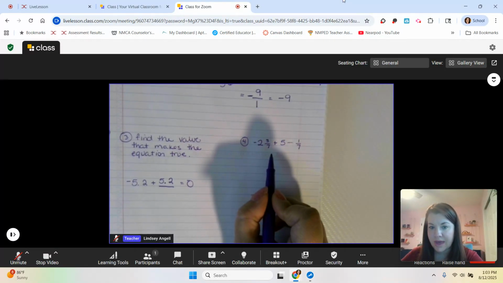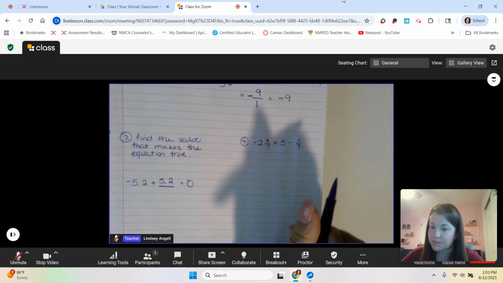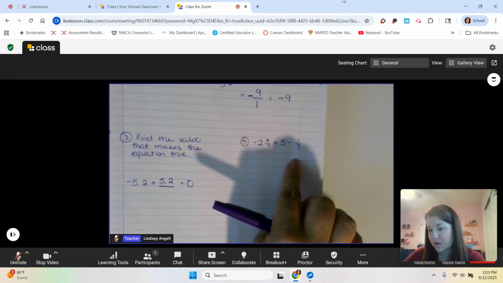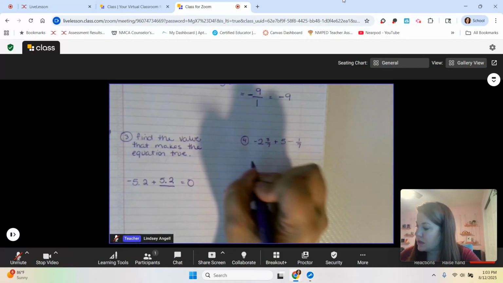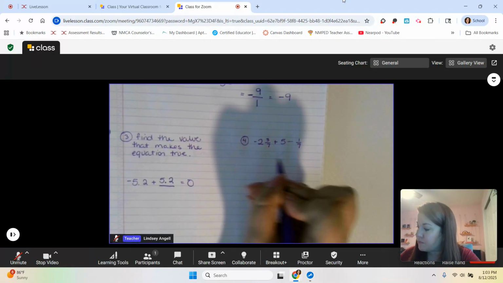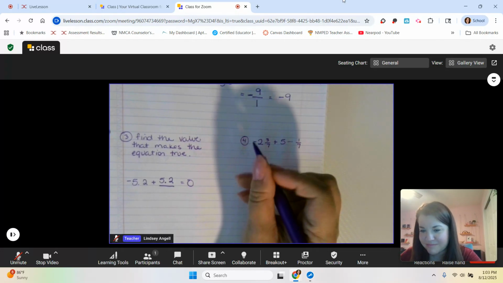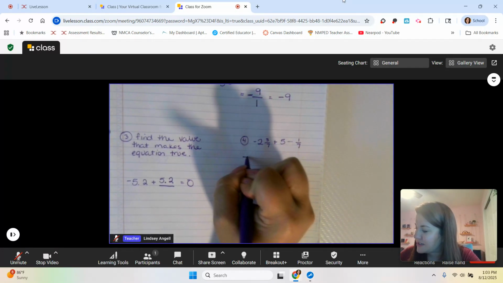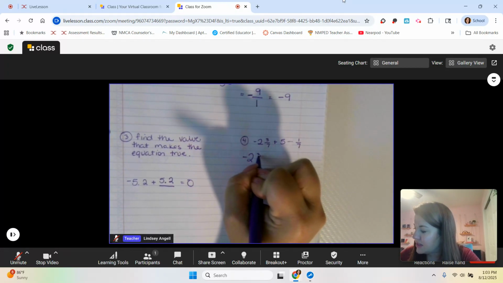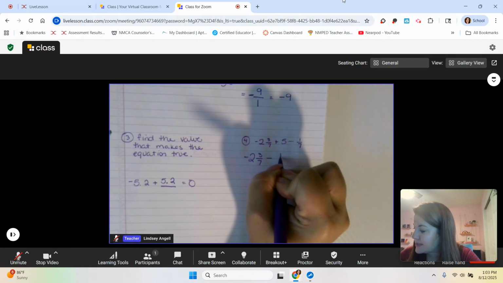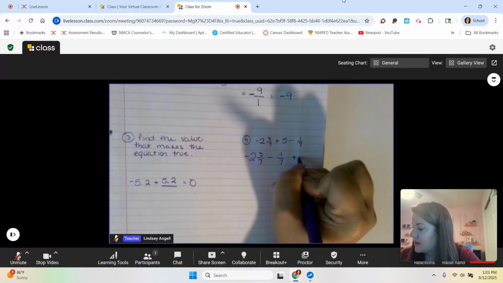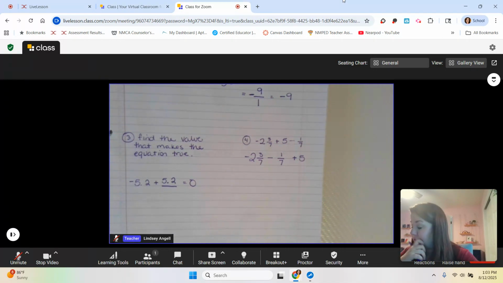Being that I'm dealing with negatives though, I'm just going to go in the order that I have, okay? So let's see here. Actually, no, I'm not. I'm going to pull that negative 1/7 over. I'm going to do negative 2 and 3/7 minus 1/7 and then plus 5.